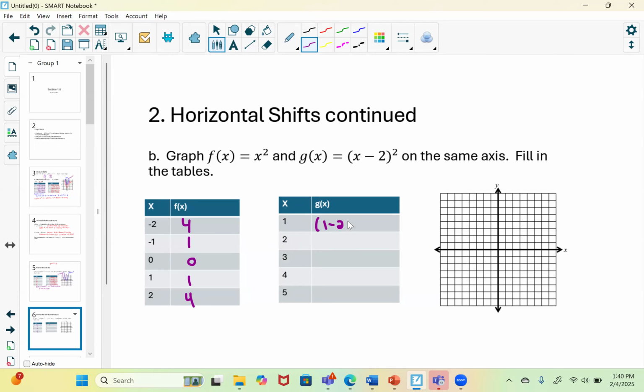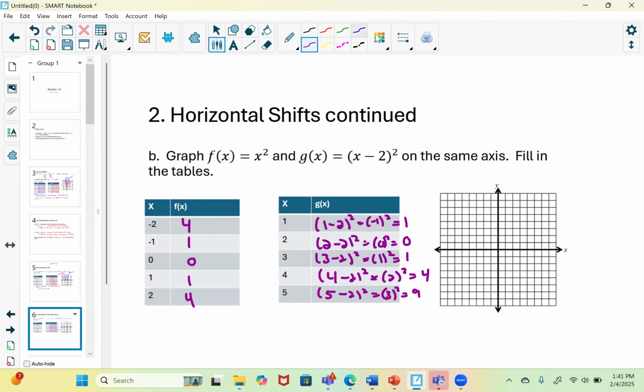I have 1 minus 2 squared, which is -1 squared, which is 1. 2 minus 2 squared, which is 0 squared, which is 0. 3 minus 2 squared, which is 1 squared, which is 1. 4 minus 2 squared, which is 2 squared, which is 4. And then 5 minus 2 squared, which is 3 squared, which is 9.